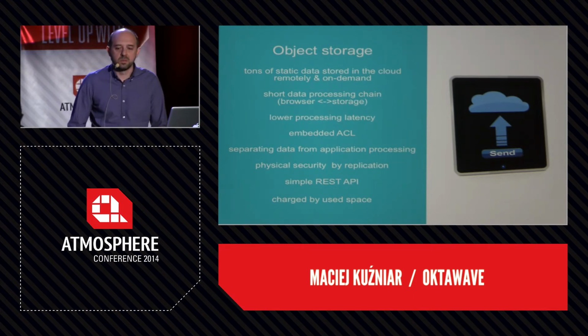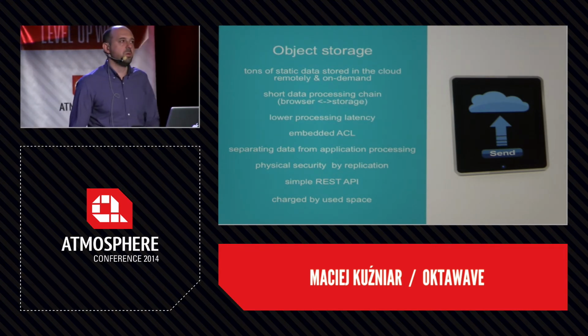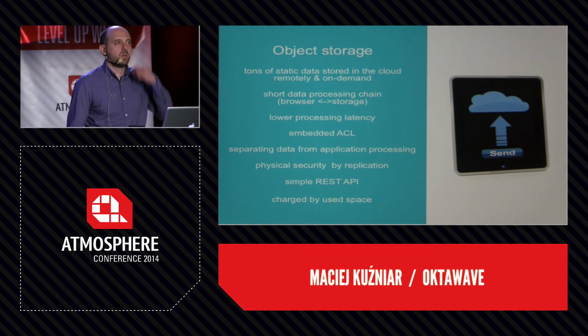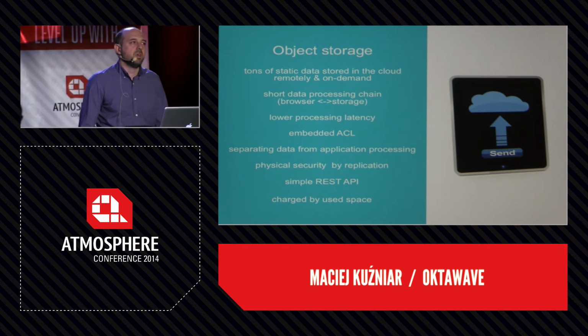You have to build a solution to provide access to your customers in a secure way. If you are using a service such as object storage, then you can just pass this functionality to the service. Our application will only have to set some kind of rules for data. Those data will be available for customers.